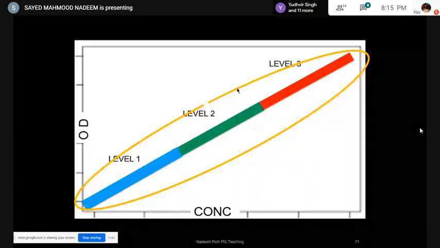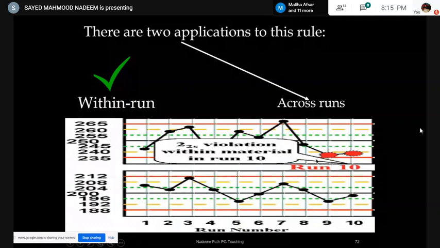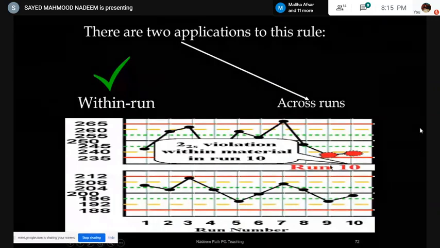So we've seen the within run across material. It can also be a cross run. Now you can see here we have this level 3 control which on 2 consecutive days is showing 2SD deviation.